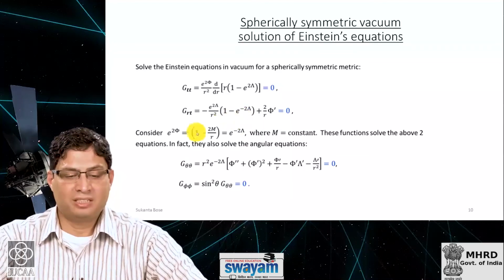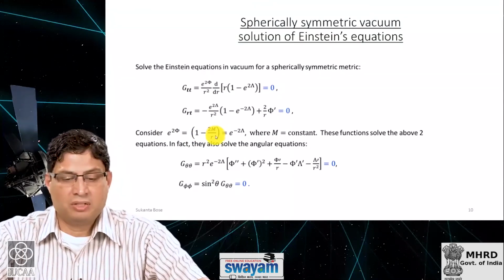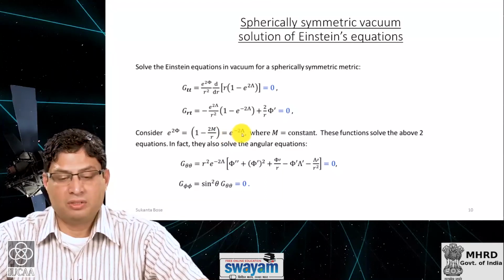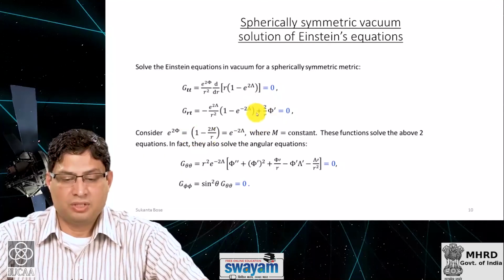Indeed, you can show that this following choice, e^{2φ} equal to 1 minus 2m over r, where m is a constant, and this in turn equal to e^{-2λ}, this actually satisfies these equations.